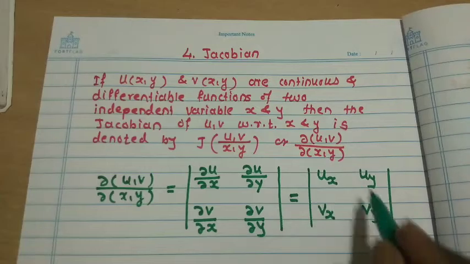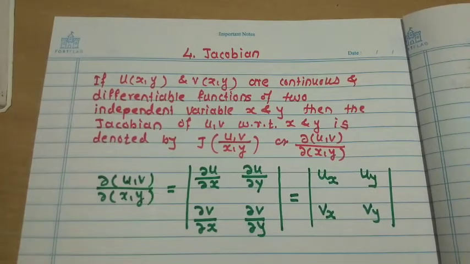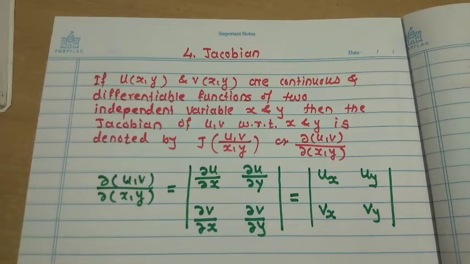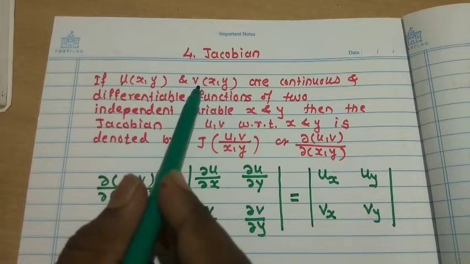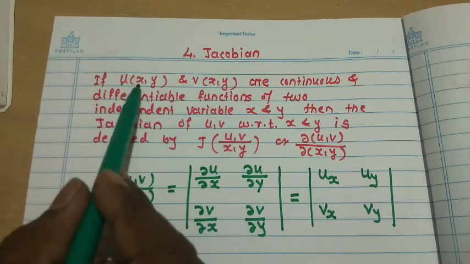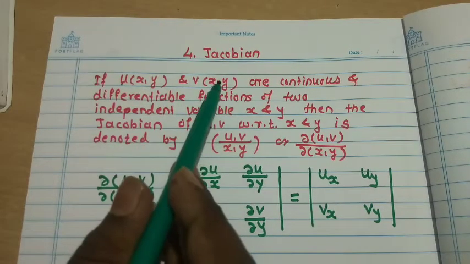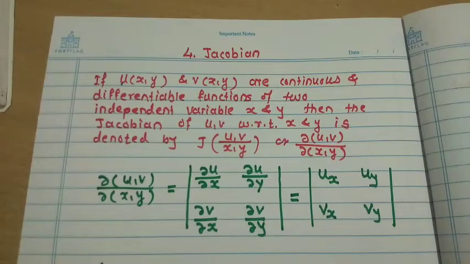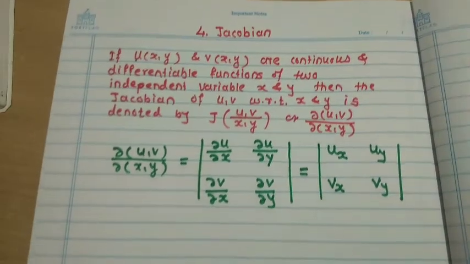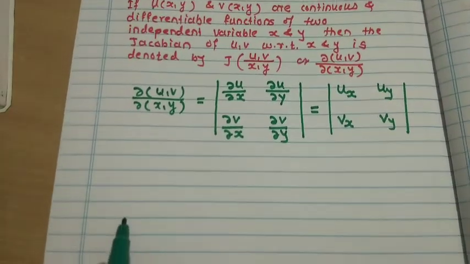So these are the notation for del u by del x, del u by del y, del v by del x, del v by del y respectively. Now here u and v are two functions which depend on x and y.